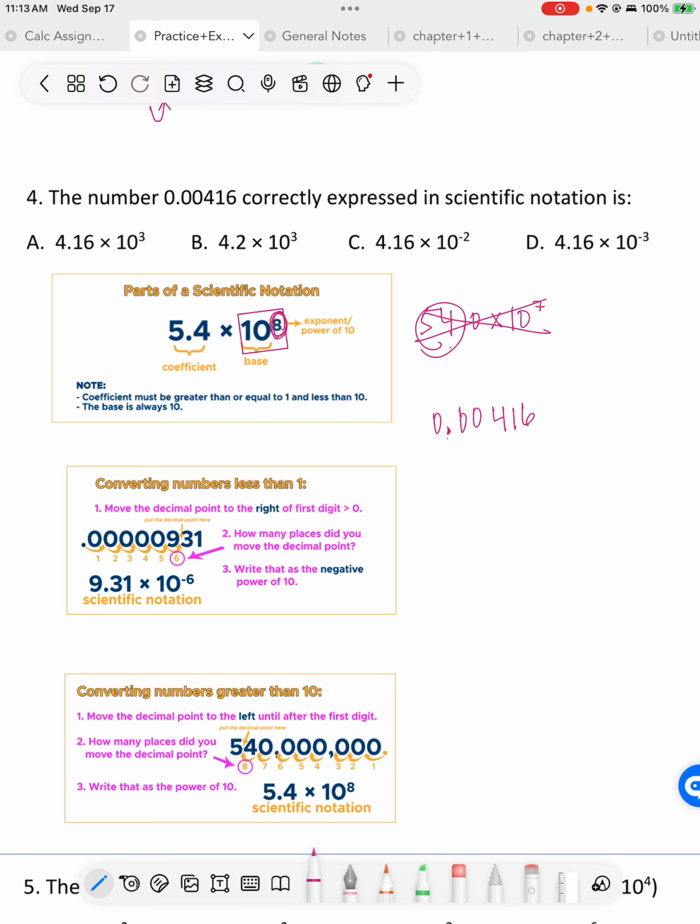So we're going to go to the right, and we're going to count 1, 2, 3. If I move my decimal place 3 places, I get 4.16. When we move our decimal place from standard notation, which this is, and we go to the right, that gives us a negative exponent.